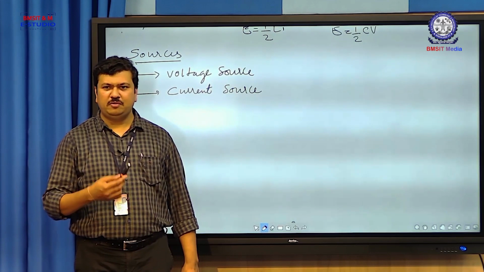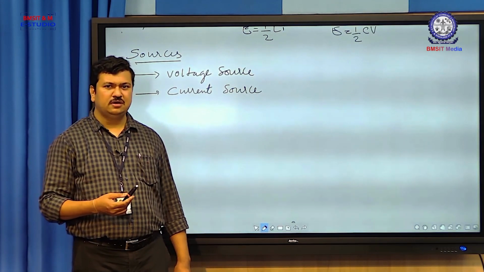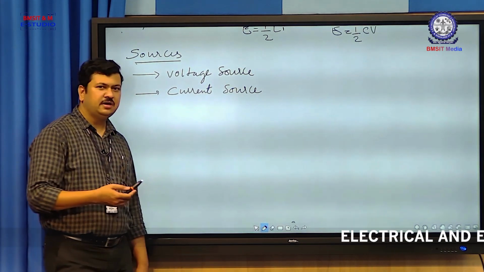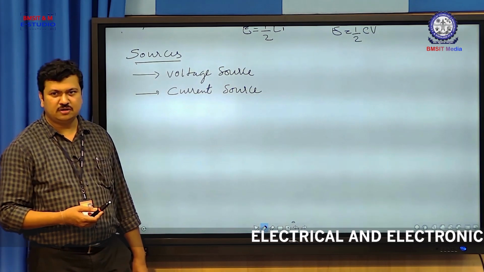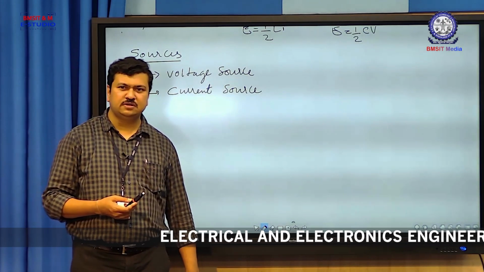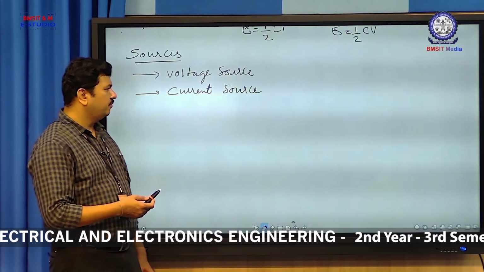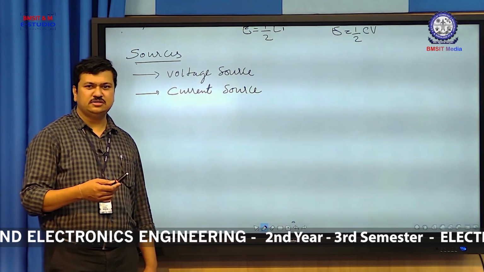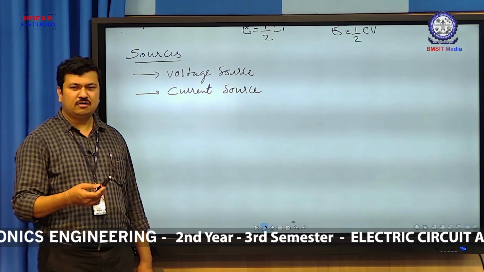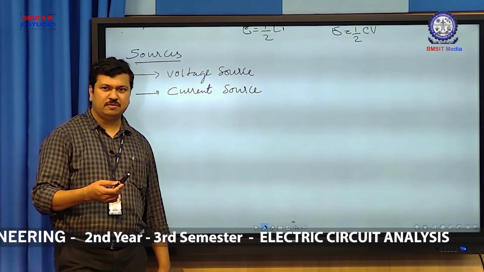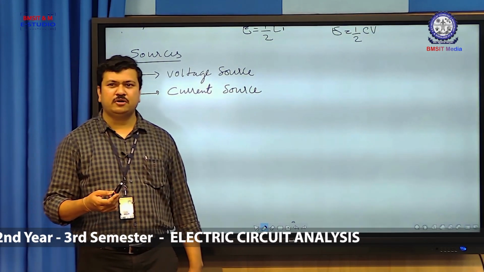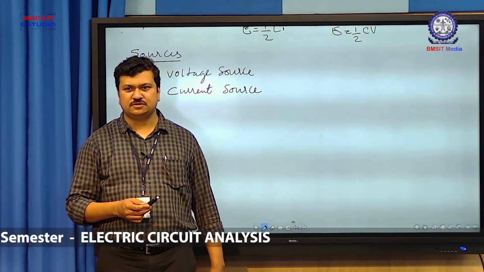We may also have regulated power supplies in our practical sessions, as you might have observed, and that is also a voltage source. So, any component or element that is giving out energy by keeping its terminal potential constant is a voltage source.